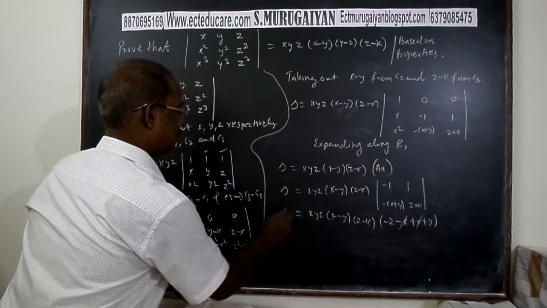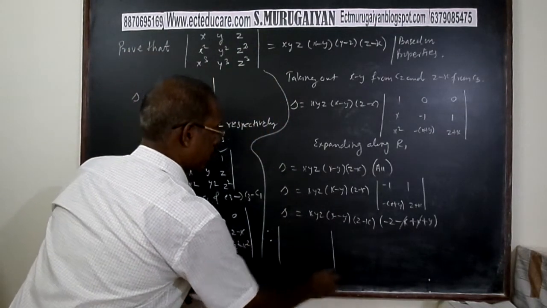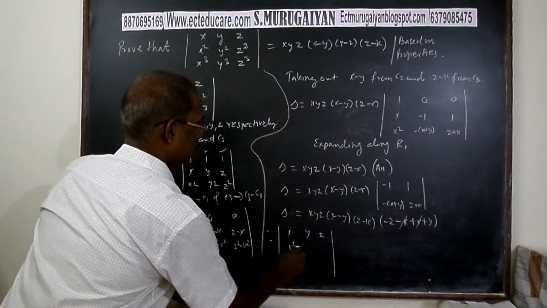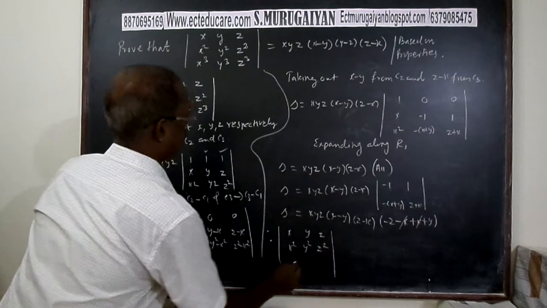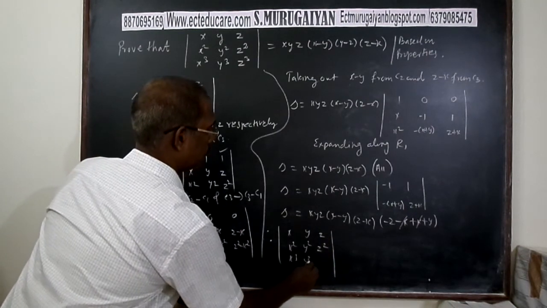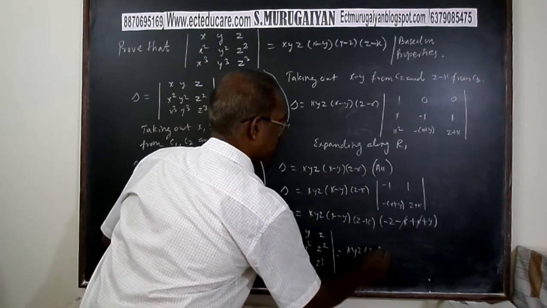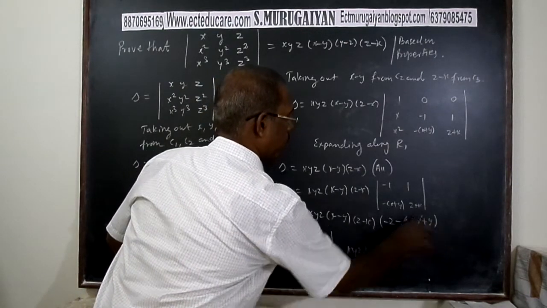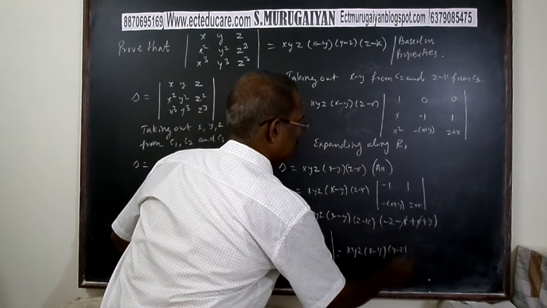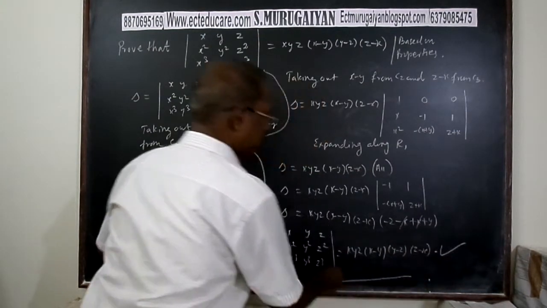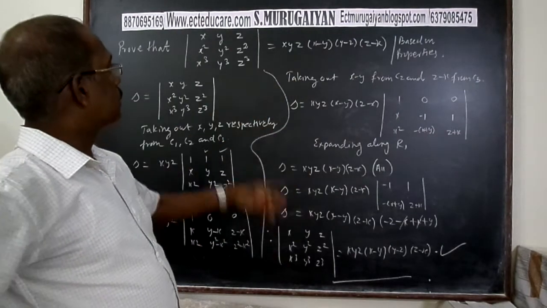Therefore, the given determinant x, y, z; x square, y square, z square; x cube, y cube, z cube equals x, y, z into x minus y, y minus z, z minus x. Hence the proof using properties of determinant.